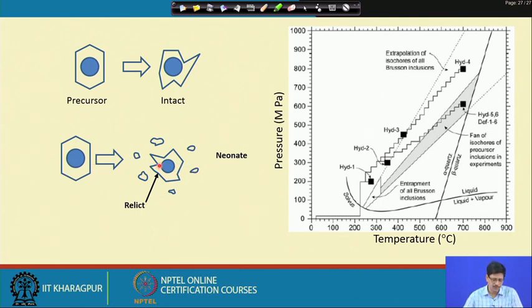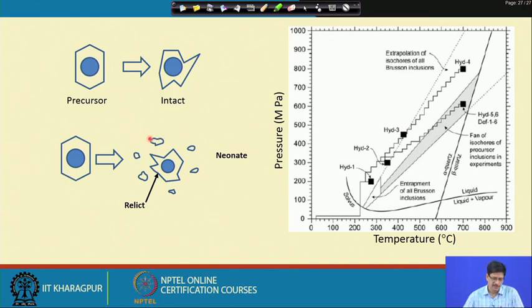Now, in addition to the change in volume, which will always make the density different and would follow a different isochore, it is also quite likely, as we discussed before, that these neonates, the newly created inclusions, will have the same situation of differential loss of water from them.